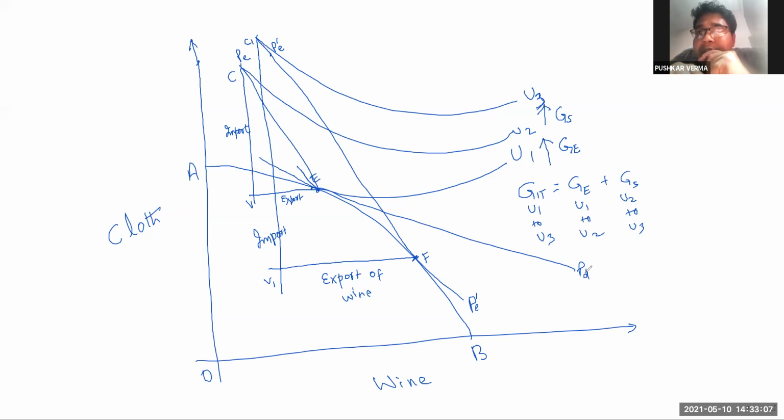At the point C1, this is the final point of consumption where community indifference curve U3 is tangent to the price line PE dash, and the point of production would be at point F, where this price line PE dash will be tangent to the production possibility curve. So this is the gains from trade, I think.